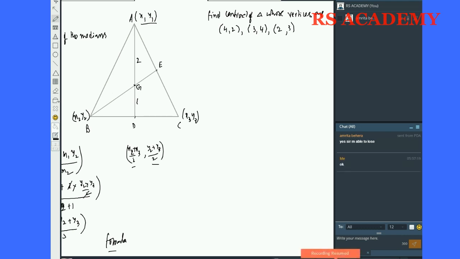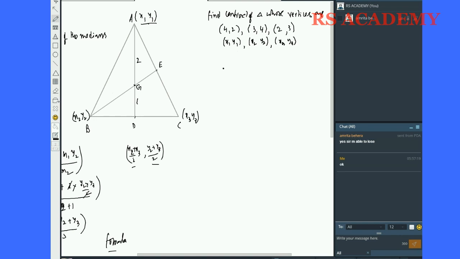So we will find the centroid. Say this is A, x1, y1, the coordinates of vertex A, and this is B, let us say x2, y2, and this is C, let us say x3, y3.